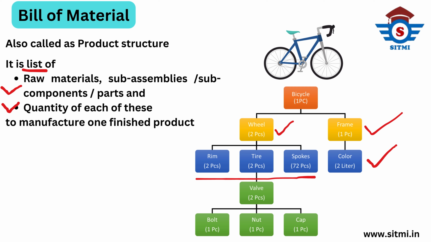Now again, if we drill down, to manufacture a tire, we need tire wall, which is 2 quantity for 1 tire. And to manufacture that tire wall further, we need 1 bolt, 1 nut and 1 cap. So if we combine all these quantities and subassemblies or raw materials, then we can manufacture one bicycle in a simple way.